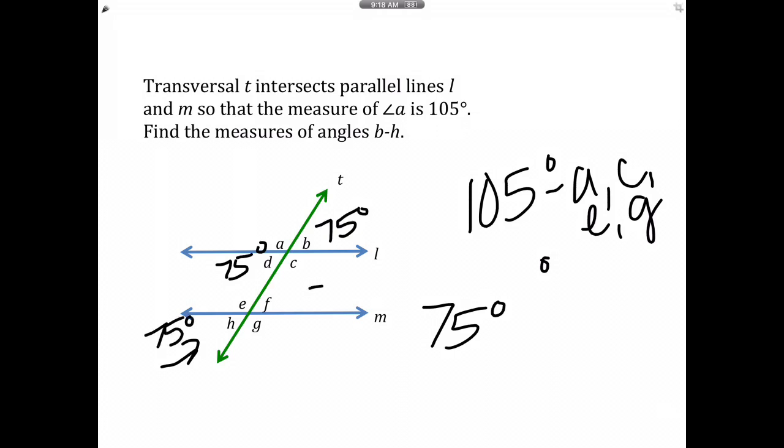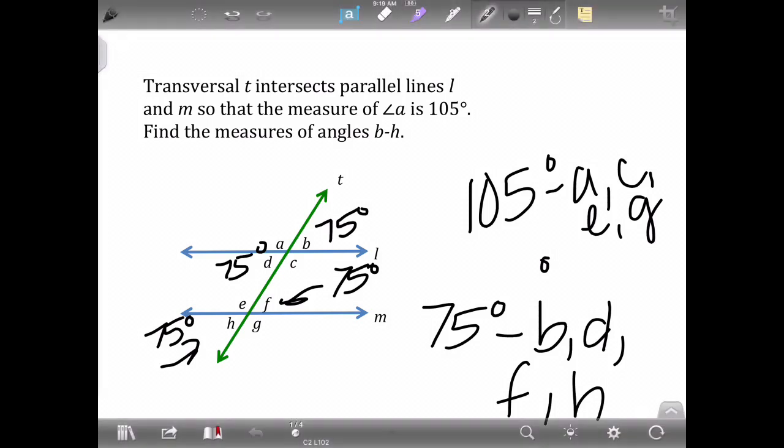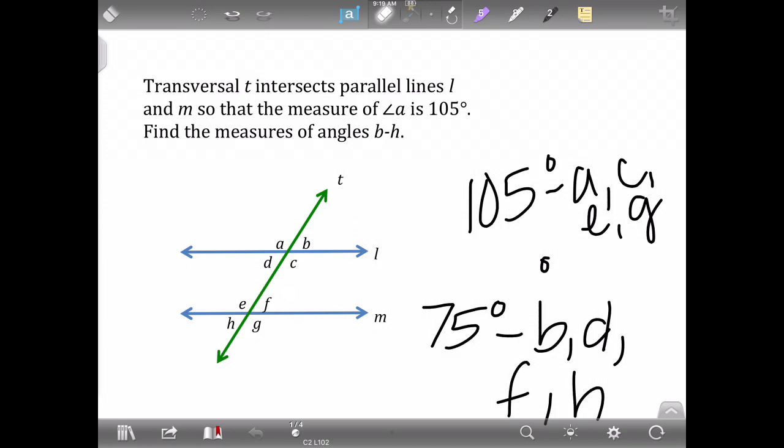And angle F is facing angle H, which is 75 degrees. So for 75 degrees, it's B, D, F, and H.